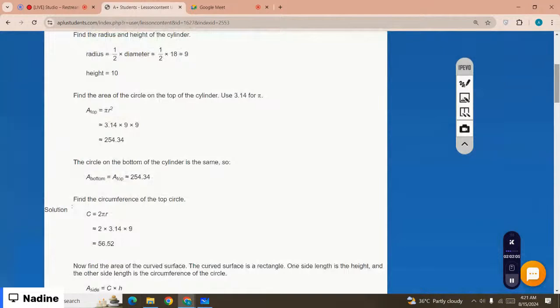The value is 235.34. That is the same area as the bottom. Now you have to calculate the circumference of the circle, that is equal to 2 pi r.